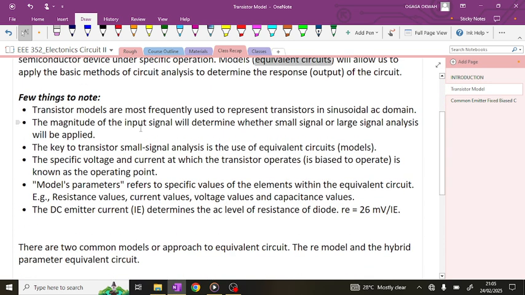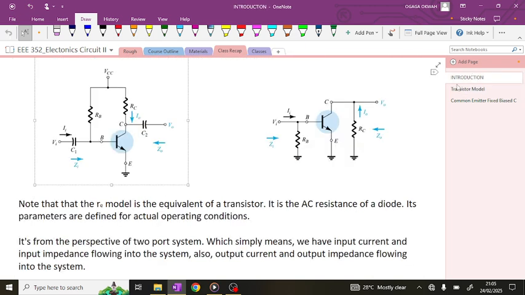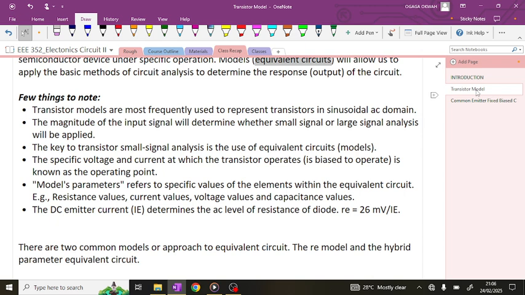A few things to note: transistor models are most frequently used to represent a transistor in the sinusoidal AC domain. So when we have a transistor like this, the model will represent it in an equivalent circuit where we can apply basic circuit analysis techniques like KVL, KCL, and voltage divider and current divider rules.